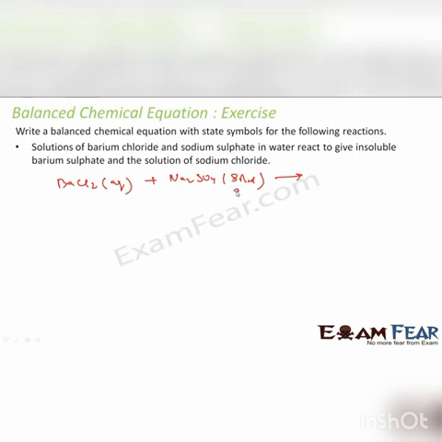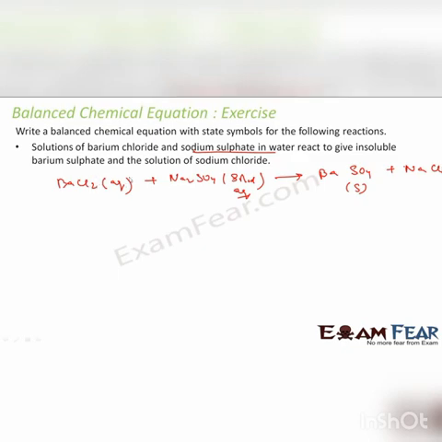Sodium sulfate is a solid, but in water you can say it's aqueous, because sodium sulfate is in water. It gives an insoluble barium sulfate, so you get barium sulfate, a solid because it's insoluble, plus sodium chloride, NaCl.